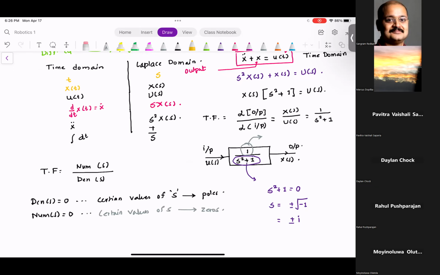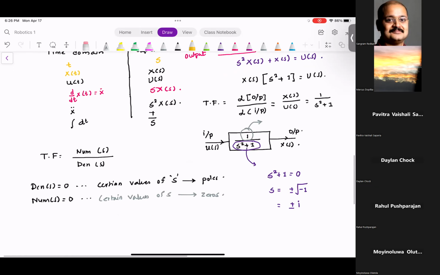So let me take an example here real quick. My output is velocity, and my input is forcing.